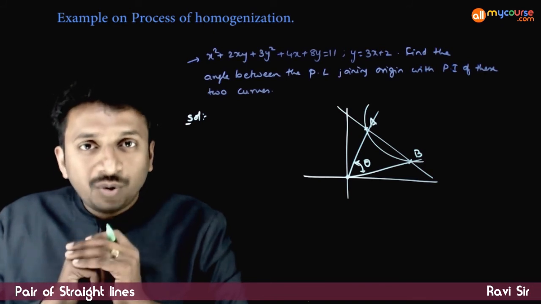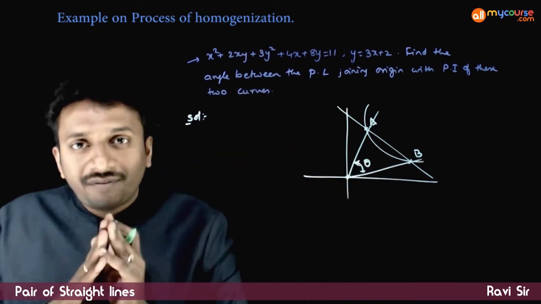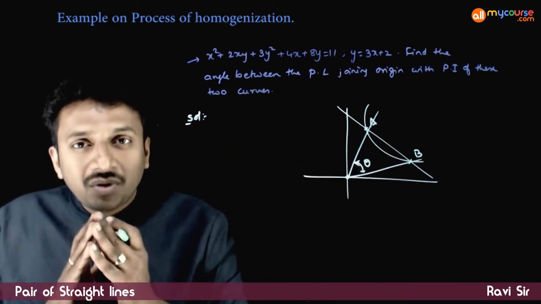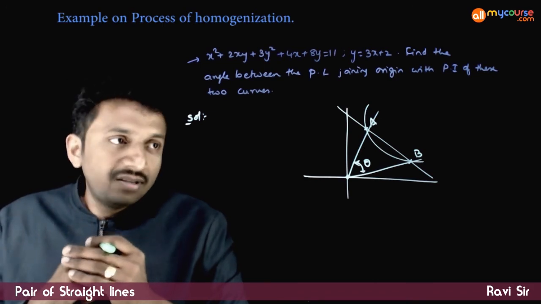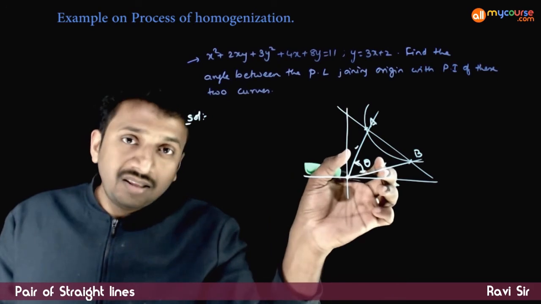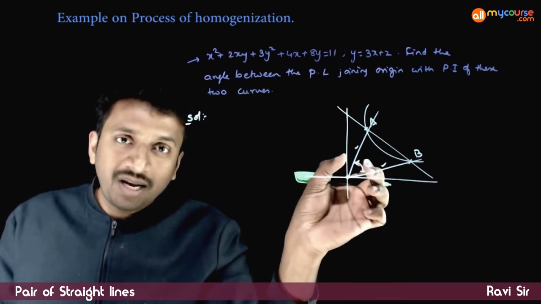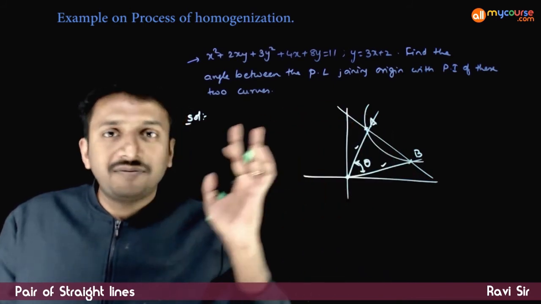So how can we do this? First, we'll try to find the equation of this pair of lines, and once you get the equation, we have the formula for the angle between the lines. So how do we get this pair of lines? This pair of lines can be obtained by homogenizing the second degree equation with the first degree equation.